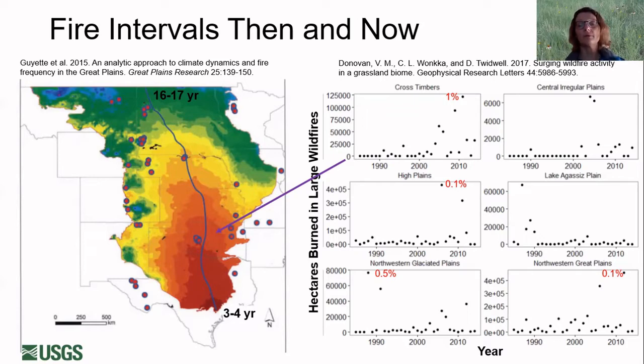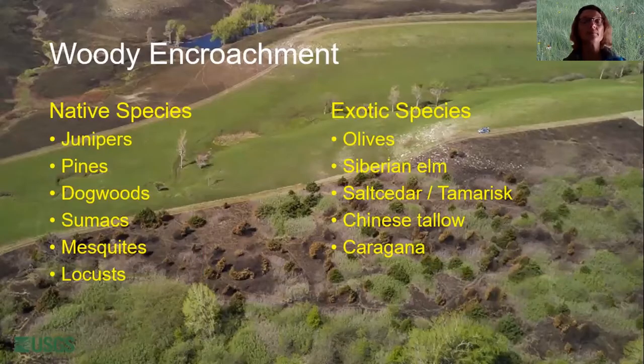But I think it's pretty clear that the numbers do show that the fire return intervals are still quite long compared to the pre-settlement regimes that Guyette calculated. So that's my really quick overview of the context of the Great Plains. I'll now move on to the invasive species.